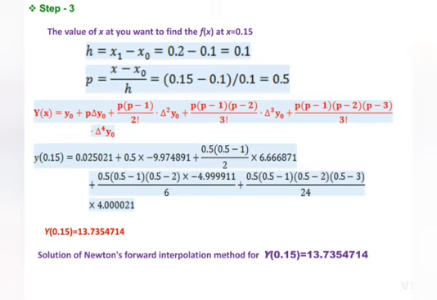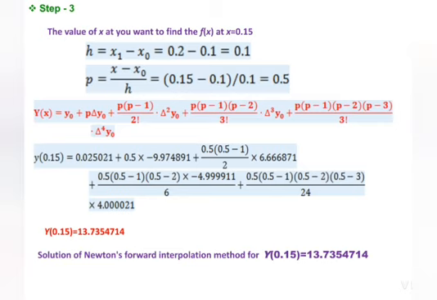We have calculated p is equal to 0.5. Now apply the values in the formula. According to our table values, we need 5 terms: y0, p del y0, del squared y0, del cube y0, del 4 y0. So I have converted the formula for our convenience.